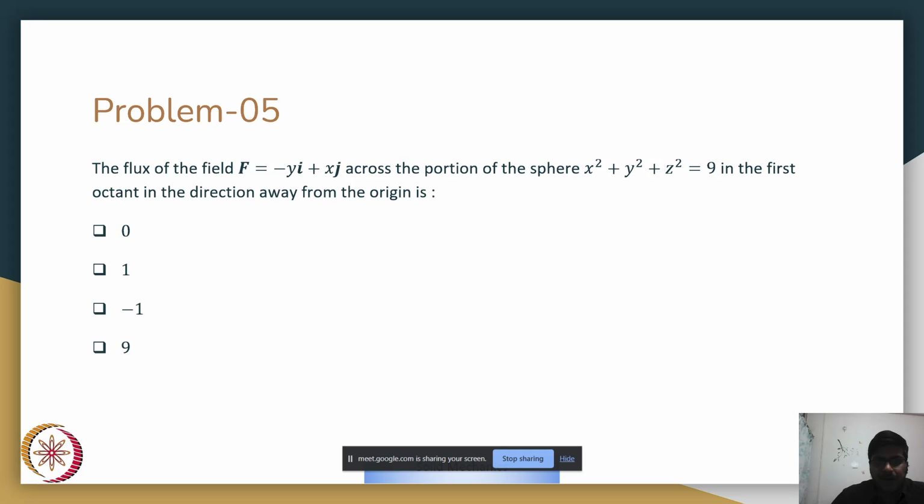The field F is minus y i hat plus x j hat, and we are asked to calculate the flux of this field across the portion of a sphere given by the equation x square plus y square plus z square equal to 9.